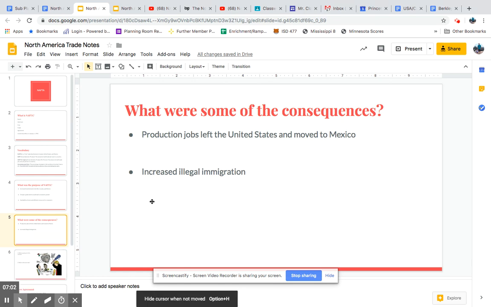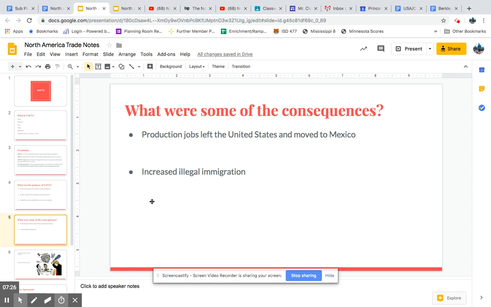The minimum wage, for example, in the United States is $7.25 an hour. Whereas in Mexico, that isn't the case. And so if you were a company that was making shoes in the United States, you would have to pay your workers $7.25 an hour. But if you were to move your factory to Mexico, you might only have to pay your workers $3 an hour.